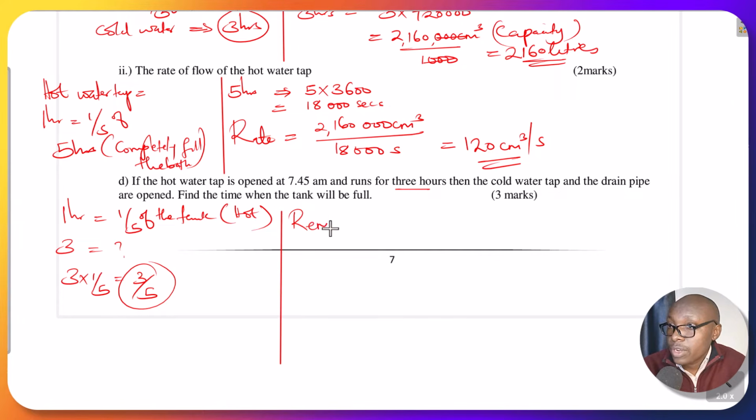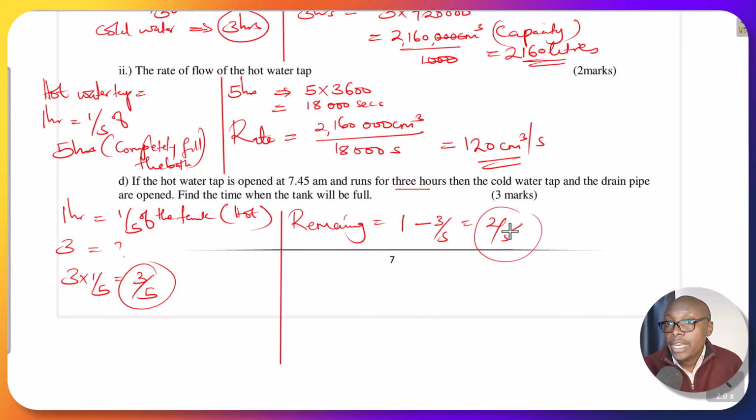So from there, we can get the remaining fraction. So the remaining fraction to be filled after 3 hours, we'll get 1 subtract the one that is already filled, which is 3/5, and this will give 2/5. This is what is remaining. After 3 hours, the cold water tap and the drain pipe are opened.